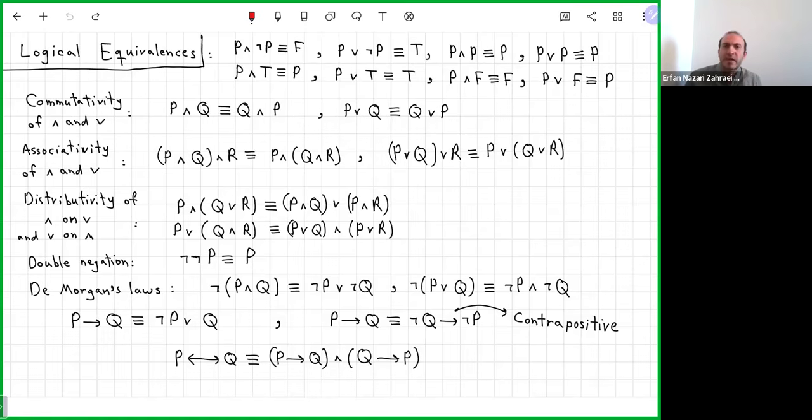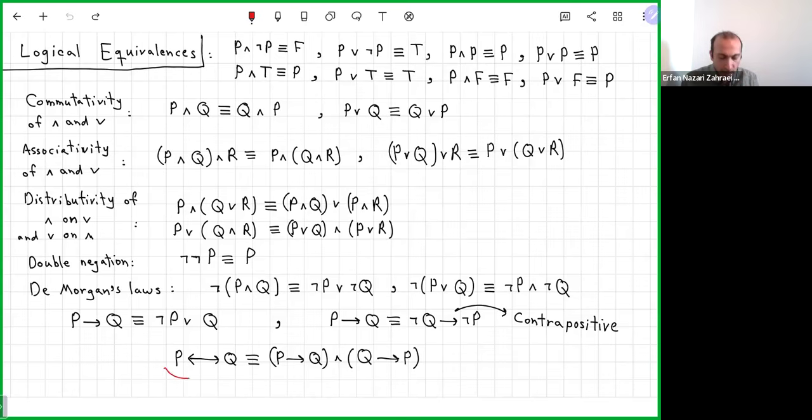For example, in the first calculus course, we say that differentiability implies continuity. But sometimes we say, oh, this function is not continuous, hence it's not differentiable. Actually, this is the contrapositive that we are using. If differentiable implies continuity, then not continuous implies not differentiable.